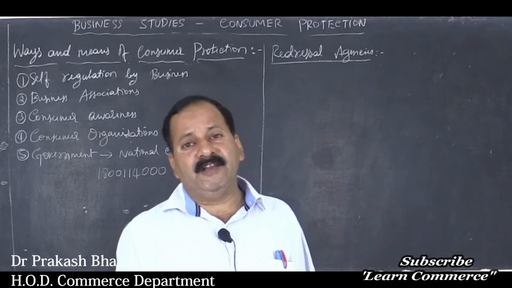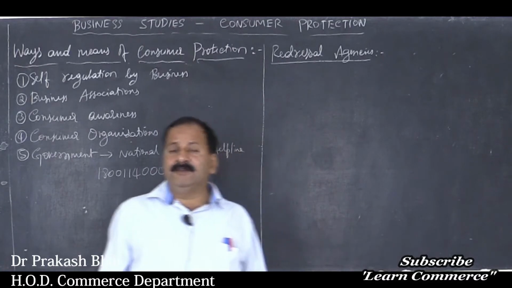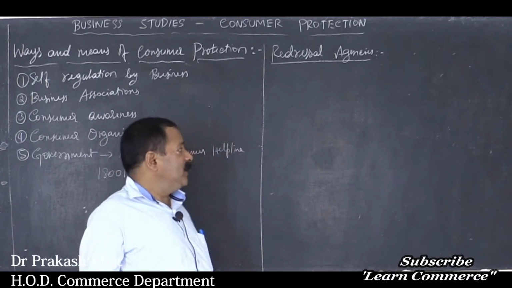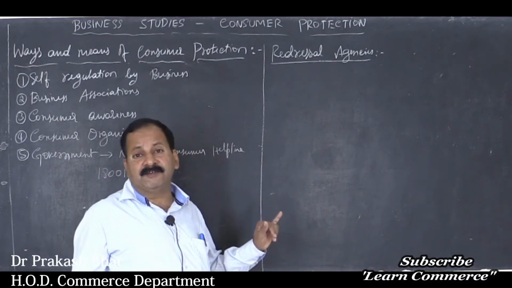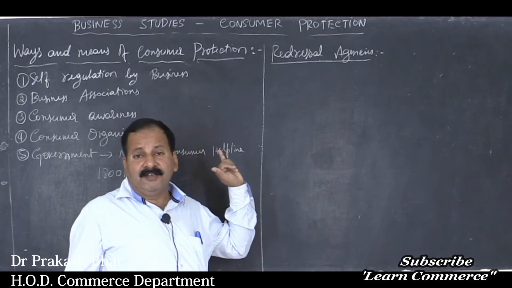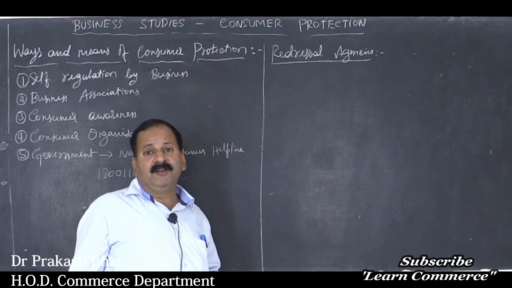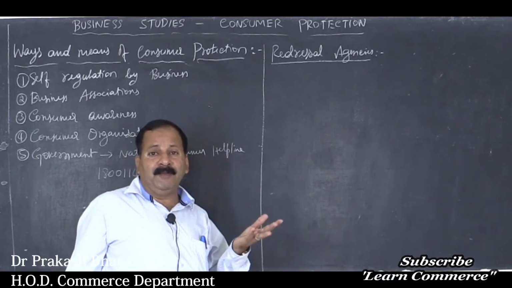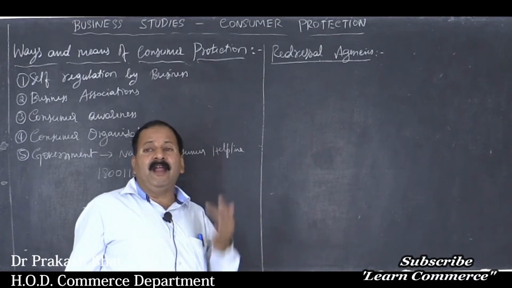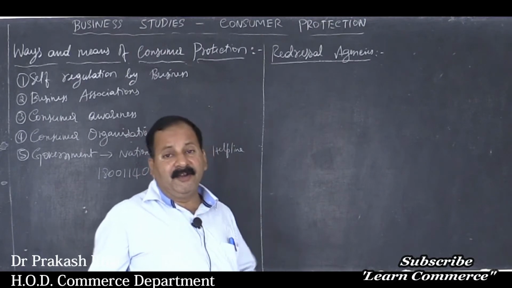Then who else can file a suit? A government can file a suit because the government is also a consumer. Sometimes they go for tender for items required for government officers or for distribution to the public, like the public distribution system.